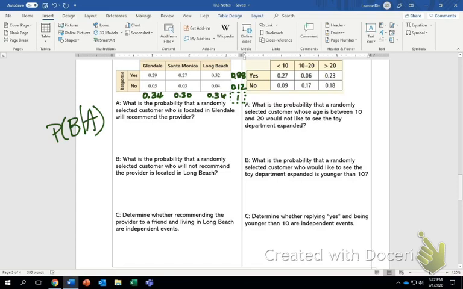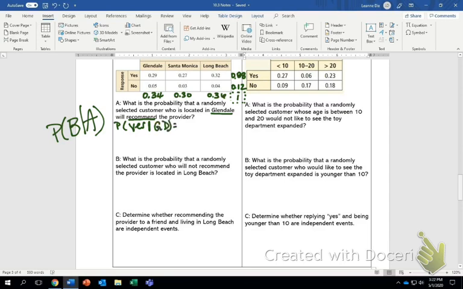So our first piece of information that is related to our table is somebody who's located in Glendale. So I'll say the probability of being in Glendale, and I'll just represent that by GD, or actually, hold on, that's my A information, will recommend the provider. So that's my second piece of information, or my B event. So that would be my yes, given that they are in Glendale.